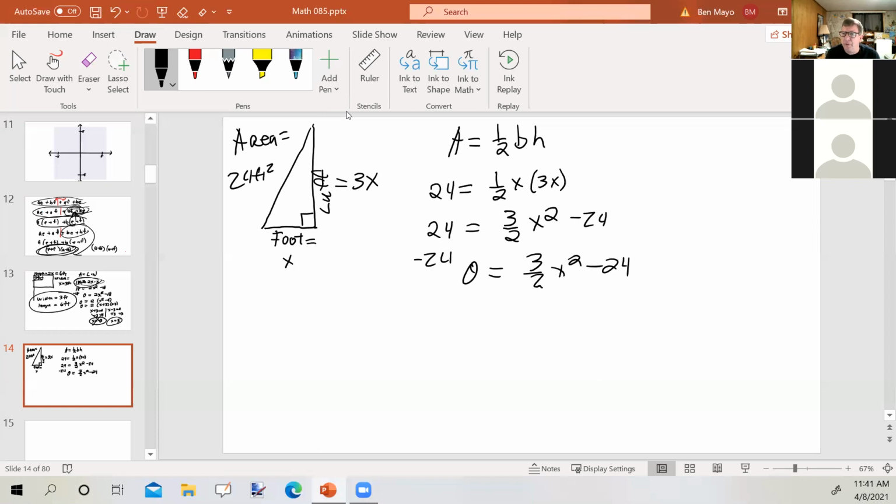I could multiply both sides of the equation by the least common denominator to clear the fractions. In other words, I'm going to multiply both sides by 2. On the left side, 2 times 0 is 0. On the right side, I get 3x squared minus 48. Again, any questions about what I did there to clear the fraction?